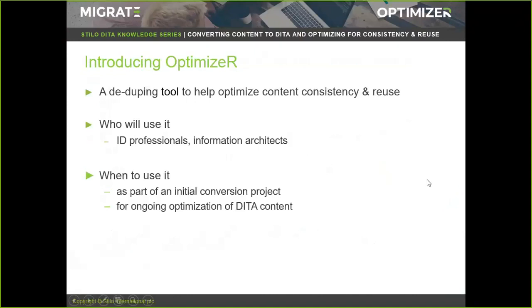And when to use it, typically as part of an initial conversion project. So once we've converted content, say using Migrate, we could then use Optimizer to help dedupe that content. Alternatively, we can use it for the ongoing optimization of DITA content. So essentially, give your content a bit of a spring clean or content audit, if you like, and tidy it up from time to time or on an ongoing basis.